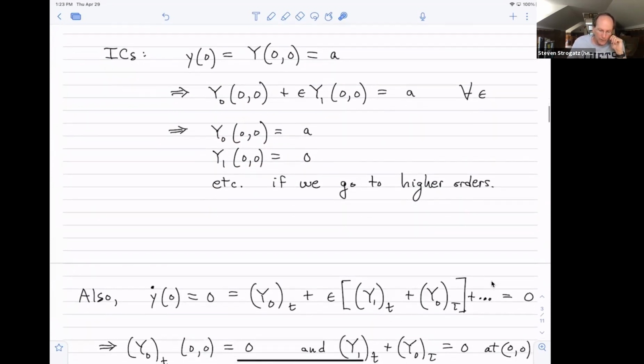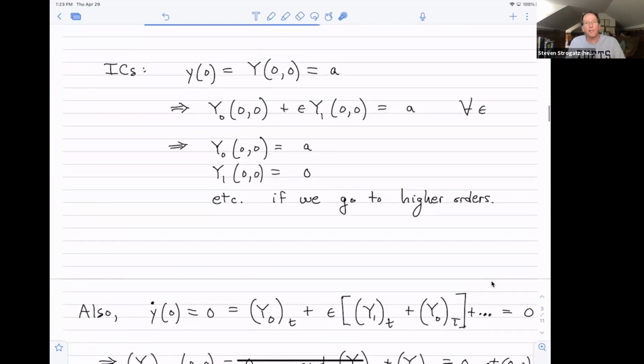Now we also had an initial condition on the velocity, which was y dot of 0 is 0. Translating that into the t tau language, that tells us that y0 sub t plus epsilon times y1 sub t plus y0 sub tau plus dot dot dot is 0.